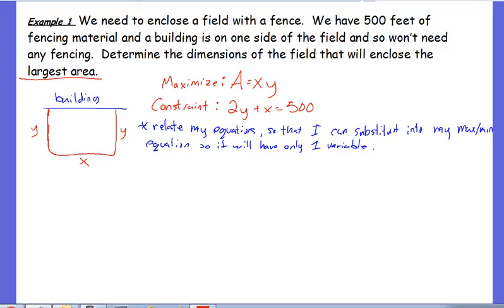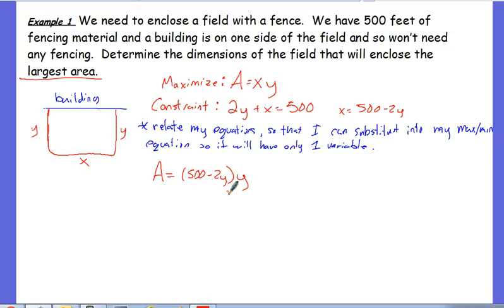So in this case, does everybody agree that x is equal to 500 minus 2y? Right? X equals 500 minus 2y. So therefore, area is really 500 minus 2y times y.